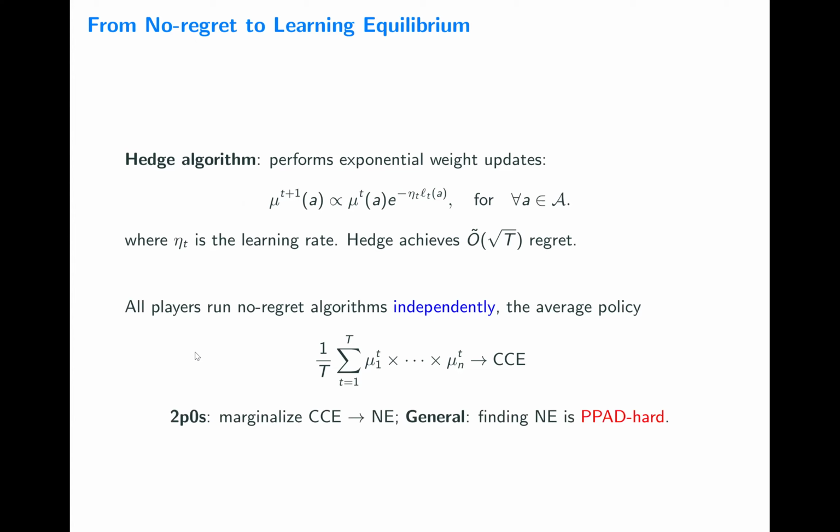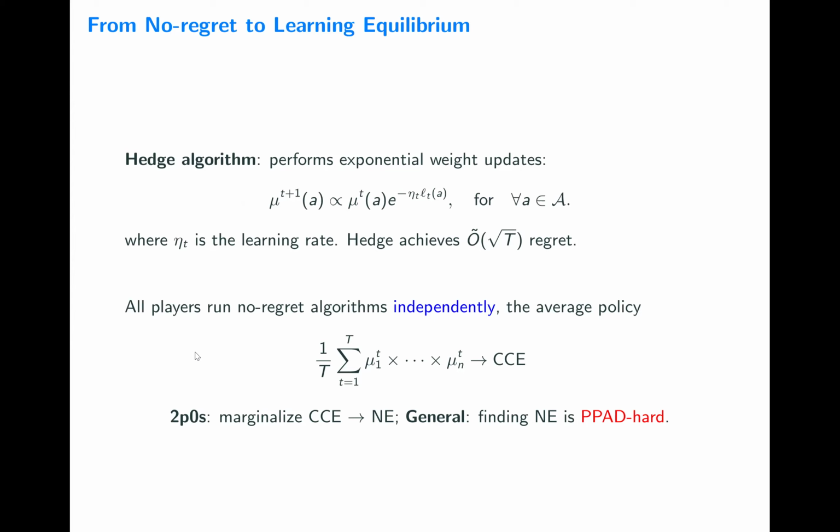In the more specialized case of two-player zero-sum games, you can further marginalize the CCE, because the CCE is a joint policy. If you marginalize the probability to make it independent for each player, you can prove this is further a Nash equilibrium. And we already said that, in general, finding Nash equilibrium is not possible. It's PPAD hard. So for Nash, it's the restriction to the two-player zero-sum case.